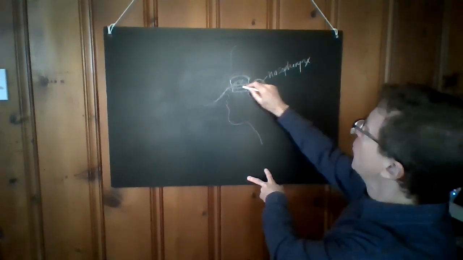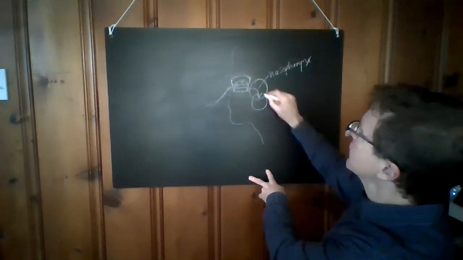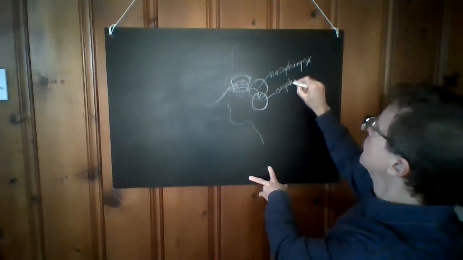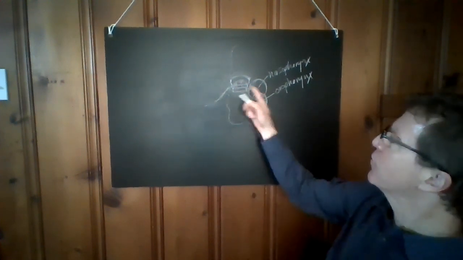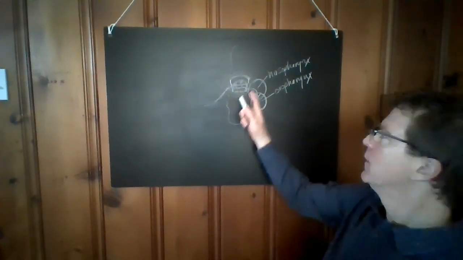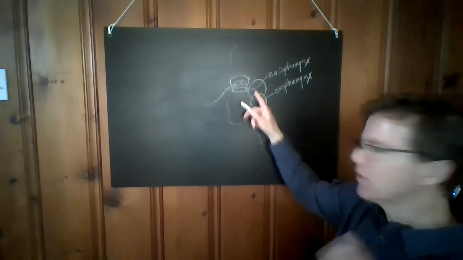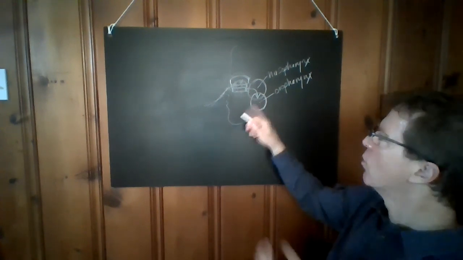And then below that is the oropharynx. These are just named for the cavities which they lie behind. The nasopharynx is the part of the throat that sits behind the nasal cavity. The oropharynx is the part of the throat that sits behind the oral cavity.